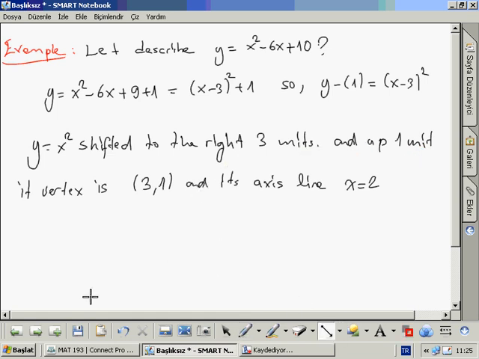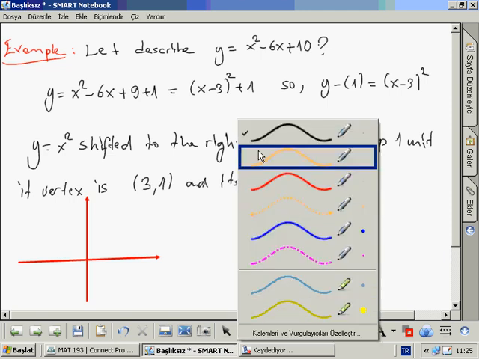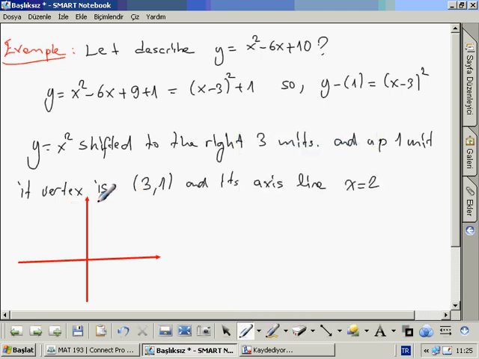When you sketch it, this point is 3, also 1. As you see, the vertex is 3, 1, and the axis line is x equals 3.